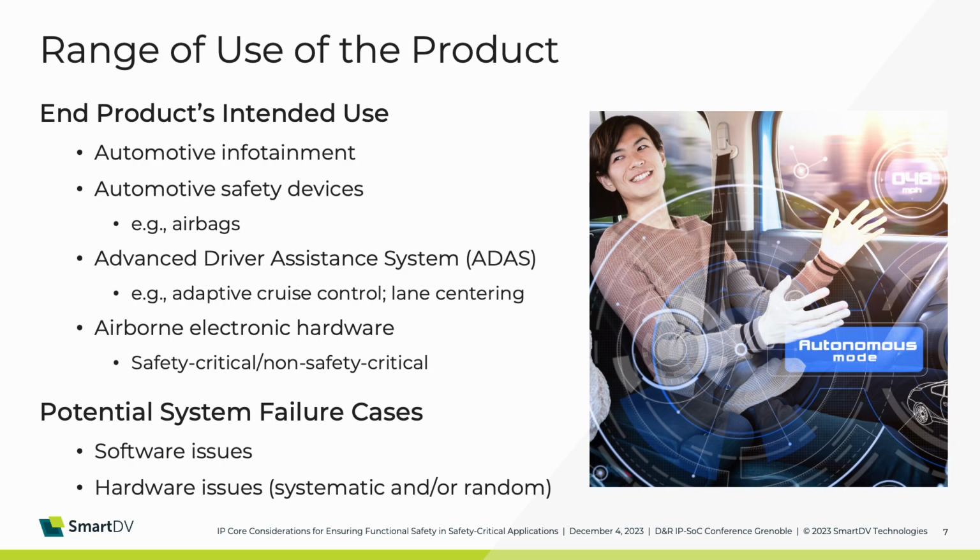A product's end use plays a vital role in determining the approach that must be taken in design and verification. A chip that makes its way into an automotive infotainment system, for example, would cause a nuisance to the driver if it were to fail, but it would not present any risk to human life. By contrast, the malfunction of a chip in an airbag or lane management system could threaten the safety of a driver, their passengers, or other vehicles on the road, even pedestrians.